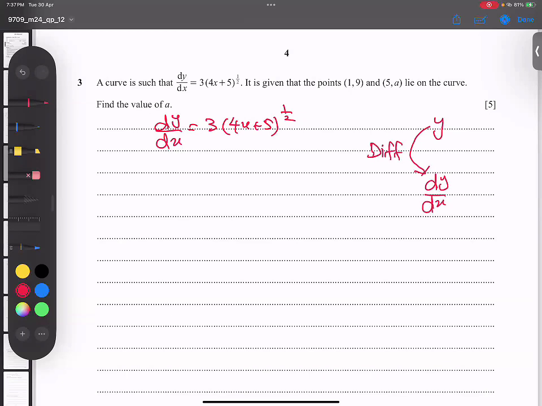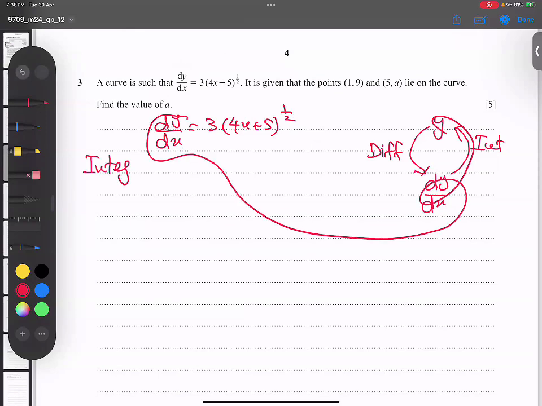And if I want to go backwards, I must do integration. You can ask me one question: how do we know, sir, that we are going for integration? Because I don't have y here. For y I need integration. So let's go for integration.